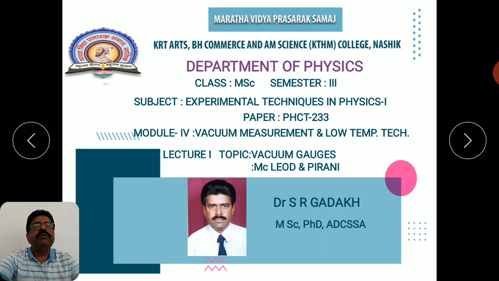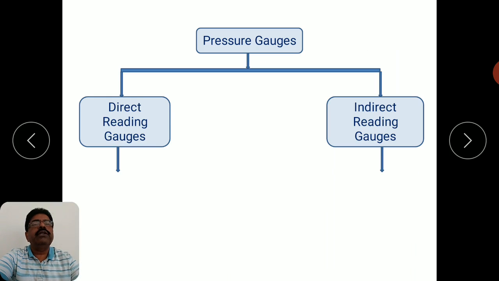So the basic difference is in the principle on which they actually work. Let us first see what the principle of these vacuum gauges is. You can see here that pressure gauges can be classified into two groups. First is direct reading gauges and second is indirect reading gauges.